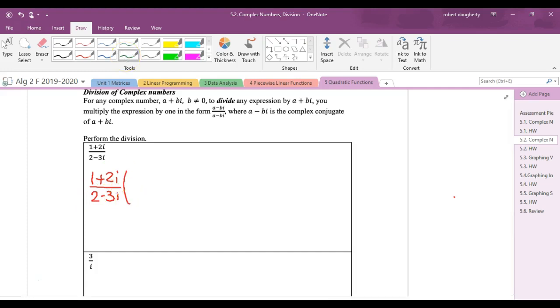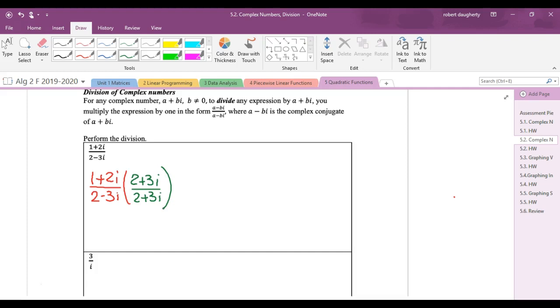What is the complex conjugate of the denominator? 2 plus 3i. So I'm going to multiply by 2 plus 3i over 2 plus 3i. Can I do that? Have I changed the number? What am I multiplying by? 1. I'm multiplying by 1 in the form of 2 plus 3i over 2 plus 3i.